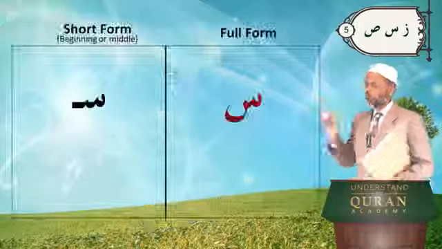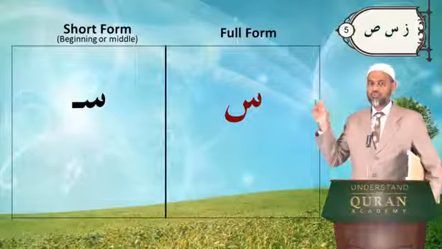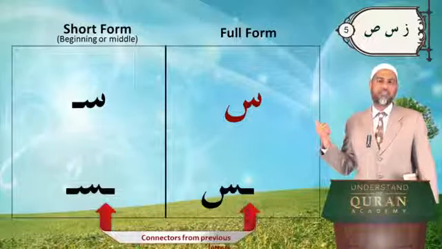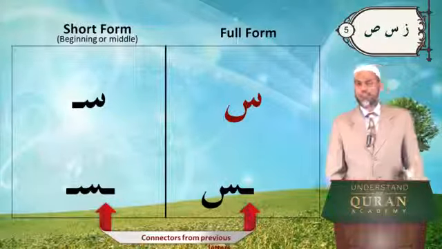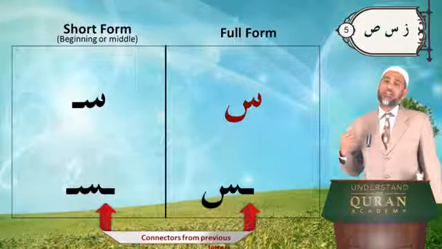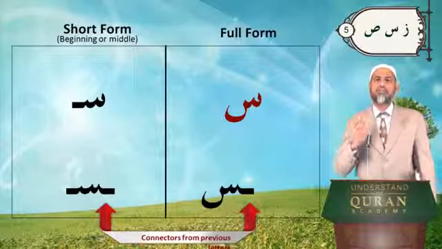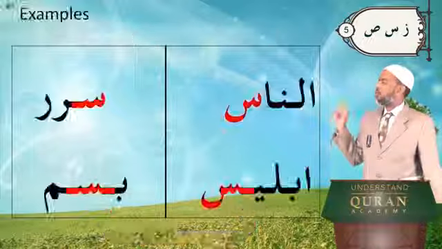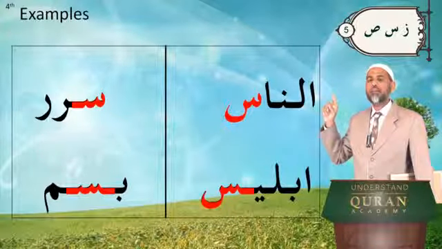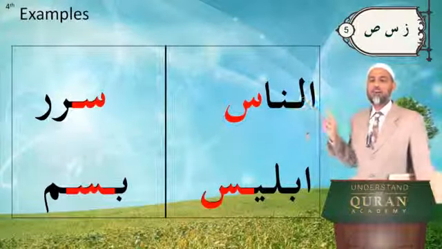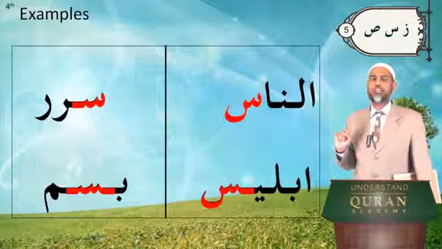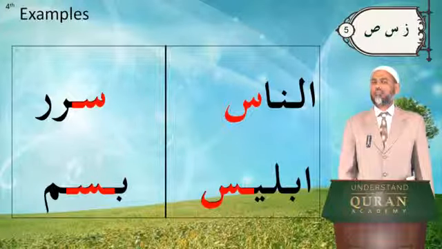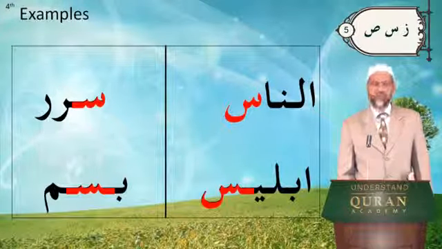So you have the full form of sin and the short form of sin, with connectors from previous letters shown below. Connectors are always there from previous letters for almost all the letters except one. That one is too rare. So we have sin in its full form and short form with connectors before them in different words. Do you see that? It's very clear, the red ones.